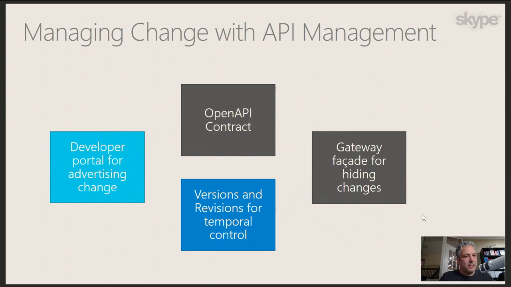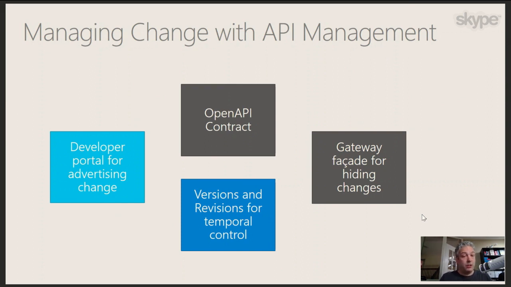So that brings me to the summary of how we are managing change with API management. We have the developer portal for advertising change, for letting people know that there are new versions of an API that they can use. We have access directly to the OpenAPI contract of the API to describe that interface and to manage the changes that are happening to that contract.